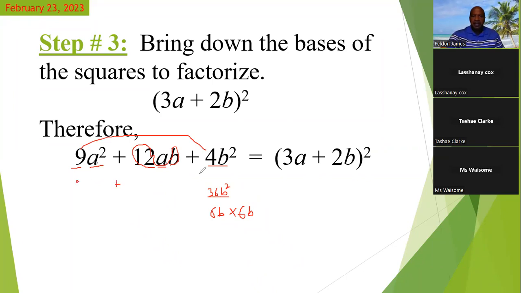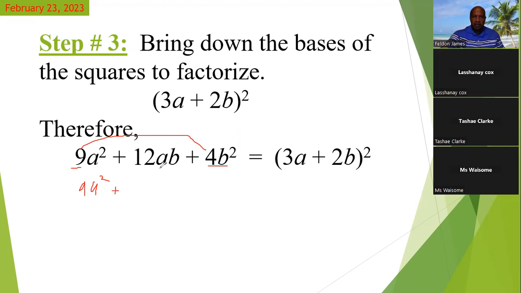All right, so it means that we would replace the middle term. So let me just clear these and show you what it would work out to be. So we would have 9a squared plus 6ab, because remember we have to write back the a beside it.